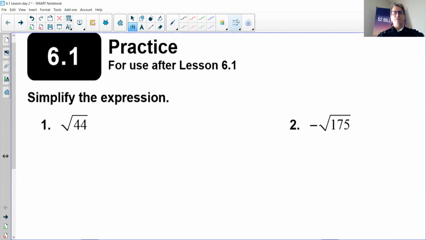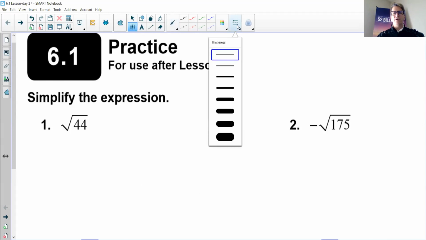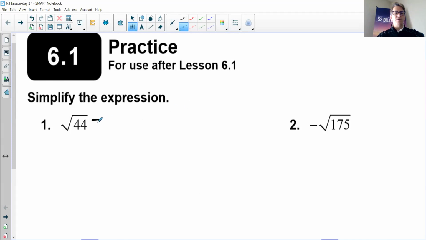So we're going to start with number 1. Square root of 44. Now we're trying to use perfect squares. Okay, so if we could find a perfect square like 4, we have a 4 times 11.